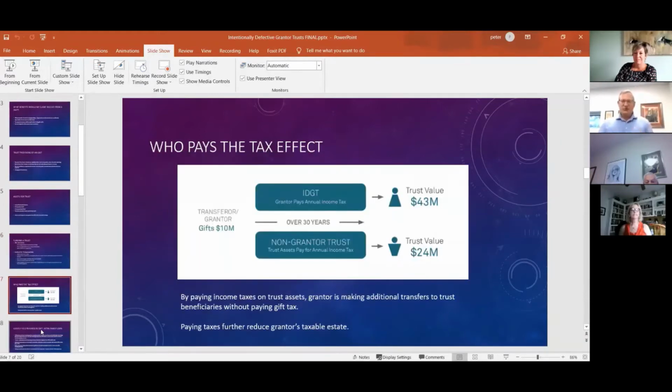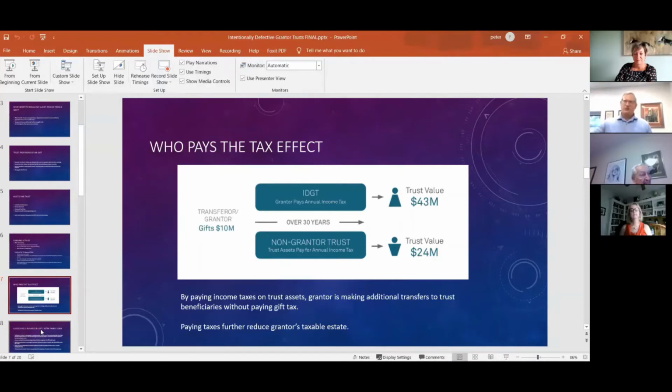We don't oftentimes hear that paying income tax is a cool thing. That's a little counterintuitive. However, when we're looking at trying to do some planning with a defective trust, we've got two options as to how we can pay the income tax.